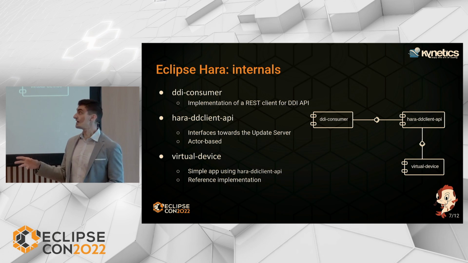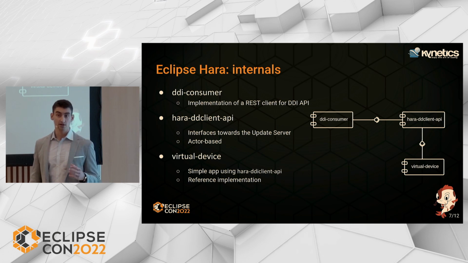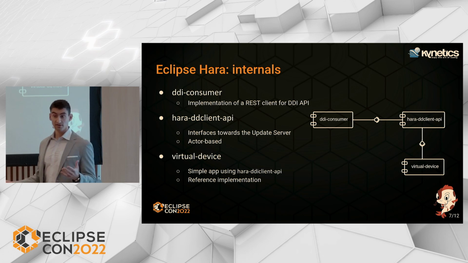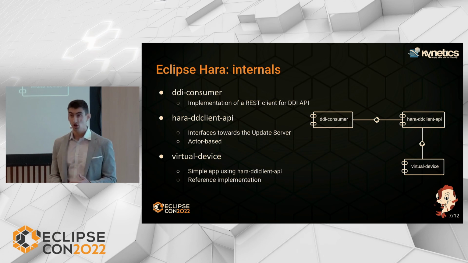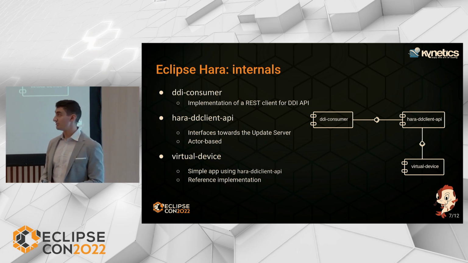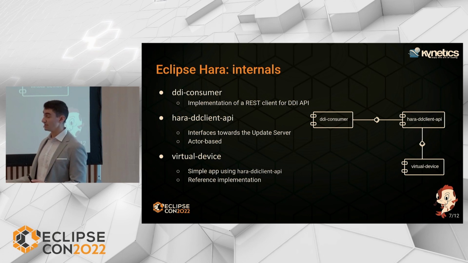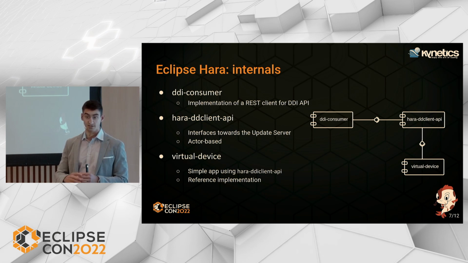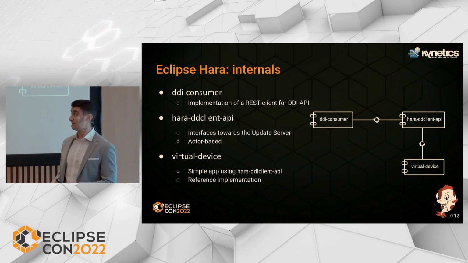Now, the DDI client API is not based on niche Kotlin features, but instead it is based on the Actor model, which is a very well-known and well-established concurrency model with several advantages when it comes to thread management, avoiding race conditions, or ensuring consistency in the state of the various components of the application.